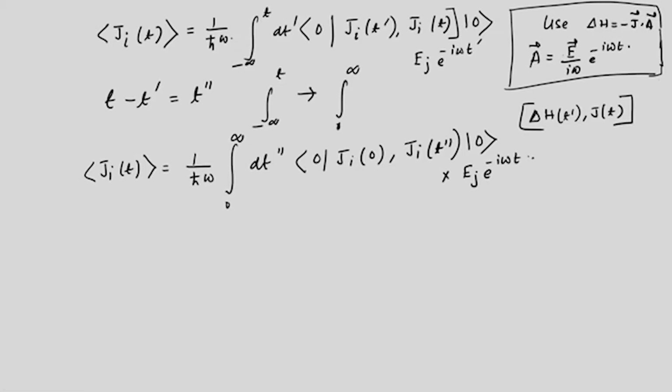Okay. So, this is a commutator, we should not forget that this is a commutator. So, j I at 0 and j I at some t double prime, and then you have this thing to be present there. So, the only time dependence is coming as a harmonic function exponential I omega t and so on.